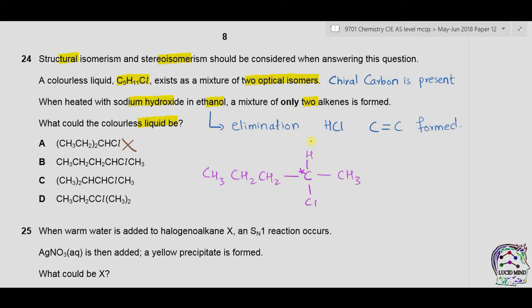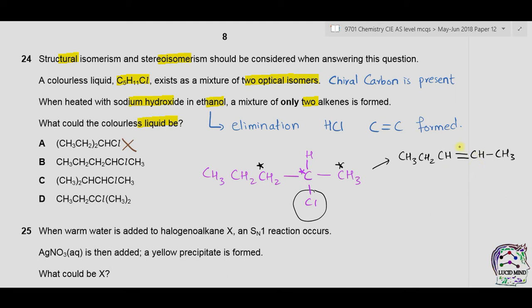Second process is elimination of HCl. So from one carbon atom chlorine will be removed, and from the adjacent carbon, which could be this one or this one, a hydrogen atom will be removed. So the first product formed if hydrogen atom is removed from this carbon would be like this. We have CH3, CH2, CH. Now a double bond is formed between these 2 carbon atoms.